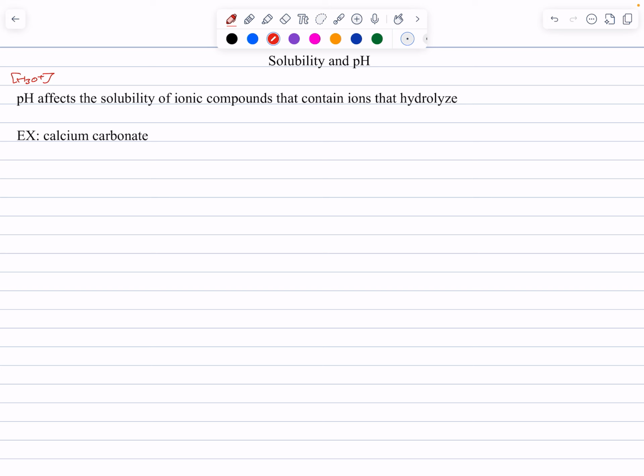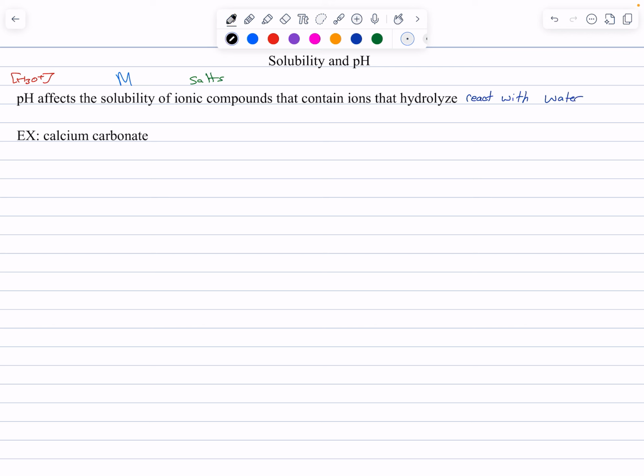How much is there? Solubility is the molarity. Ionic compounds are salts that contain ions that hydrolyze or react with water. Calcium carbonate is an example.